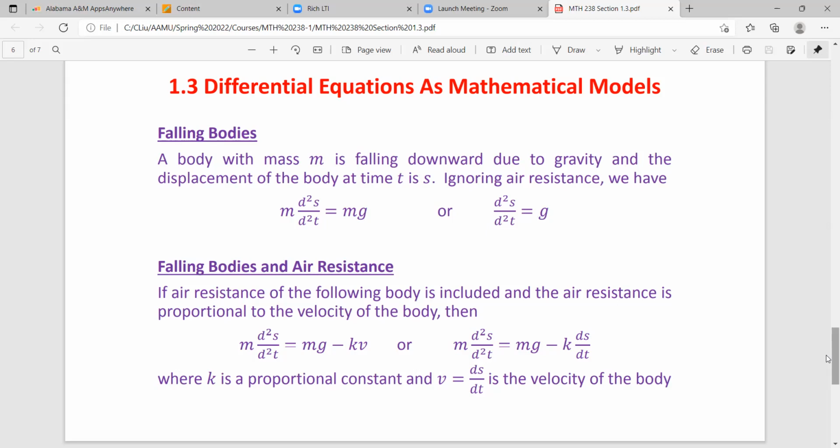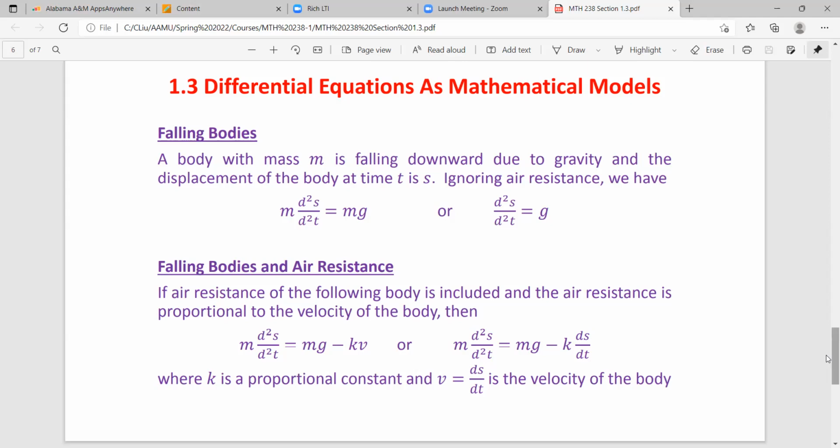And then we can rewrite this equation by using the velocity v equal to ds over dt. So the velocity is the first derivative of the displacement with respect to time, as we know. Then we can rewrite the whole equation as m times d2s over dt2 equals mg minus k times ds over dt.